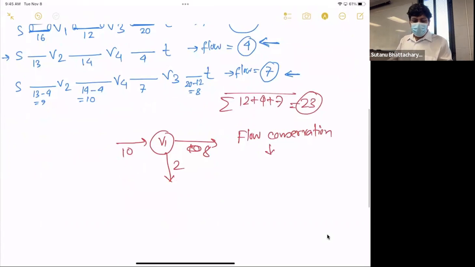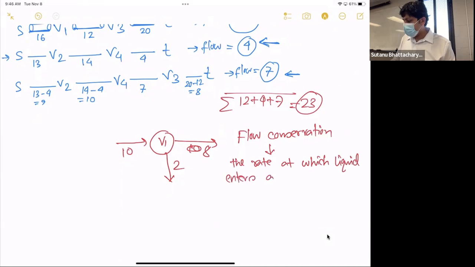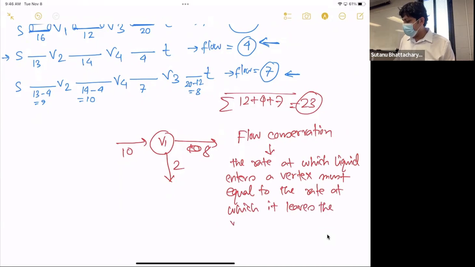That is, the rate at which liquid enters a vertex must equal the rate at which it leaves the vertex.